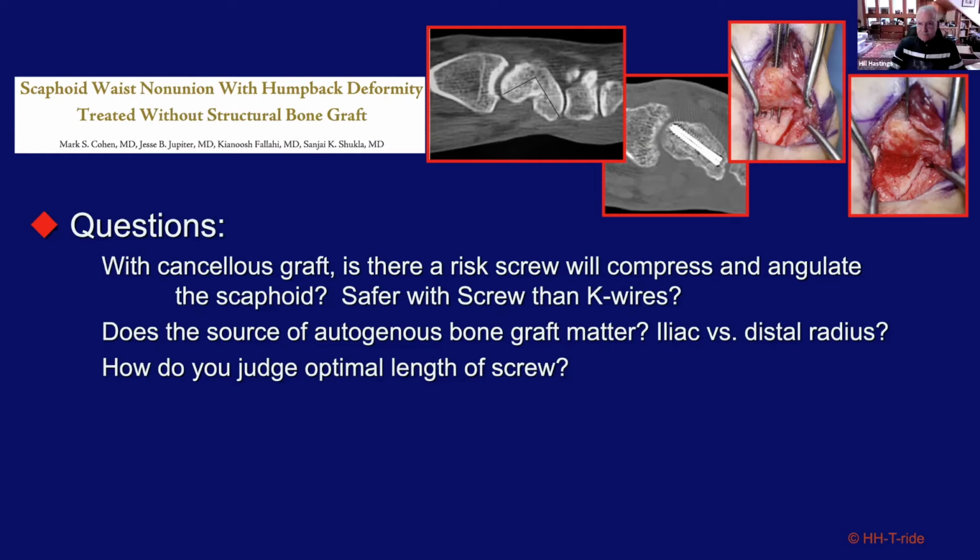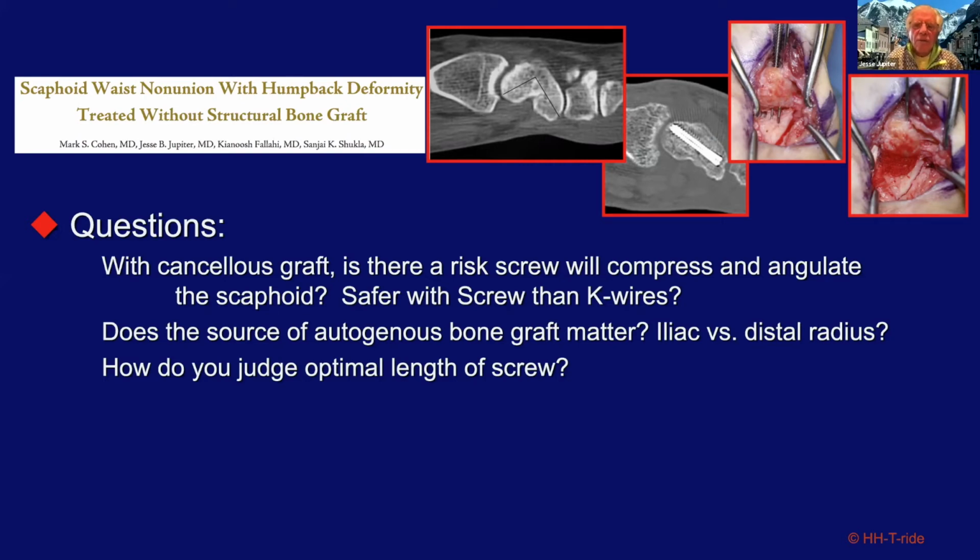Thank you. So Jesse, this is really simple. You put a screw in, and most of these conical screws do compress. And how do you judge the length of the screw? Do you take 2 millimeters, 4 millimeters, 6 millimeters? Does it matter? How do you prevent yourself from inadvertently putting in a screw that turns out too long?